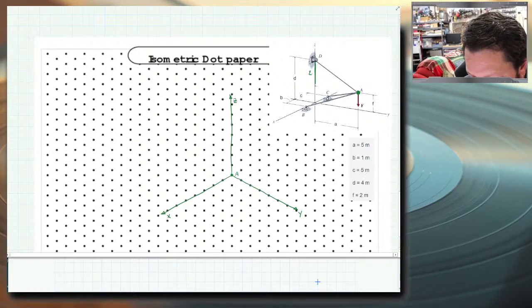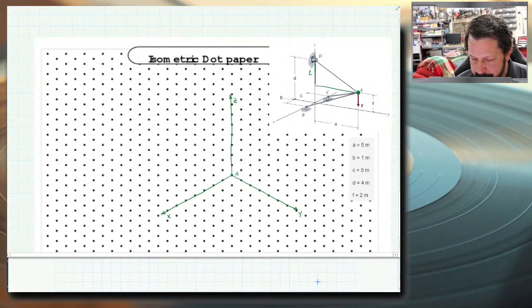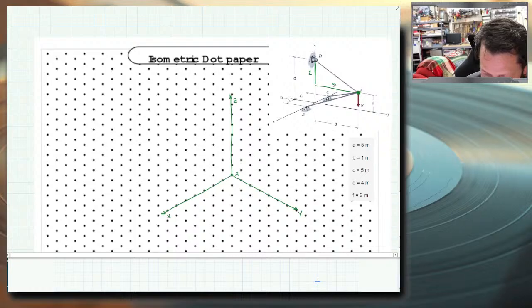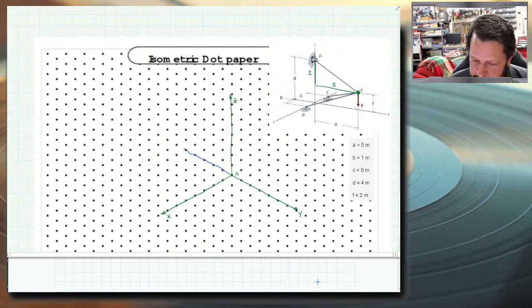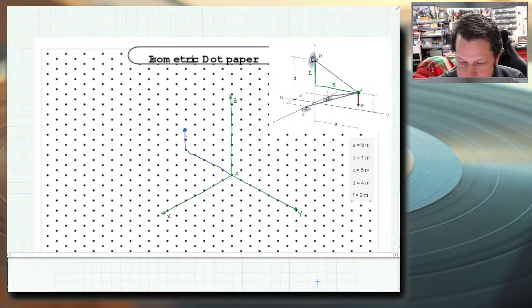And then you need to go back this direction, A, which is 5. So I don't know how much of this I want to draw, but I'm going to go backwards 5 from point A. 1, 2, 3, 4, 5. I'm going to go up 2. And that is the end point for AD.